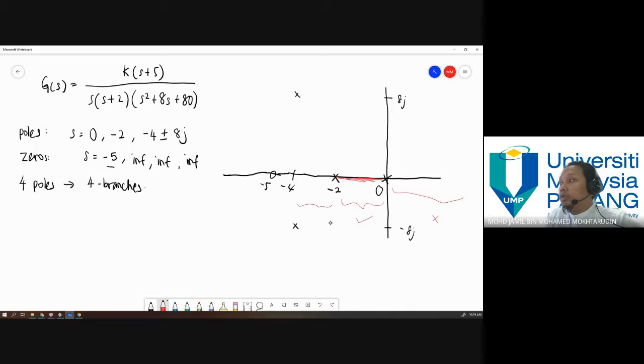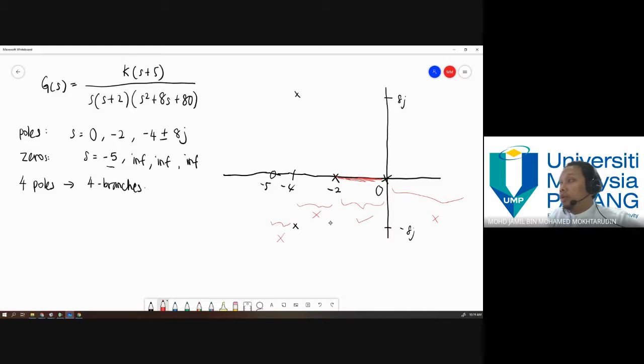So two poles, meaning there is no root locus on this real axis. On this section, we have two poles here and two more poles here, so we don't have any root locus on this section.